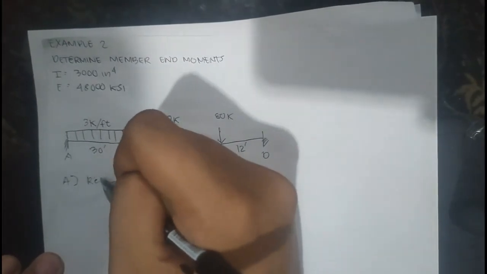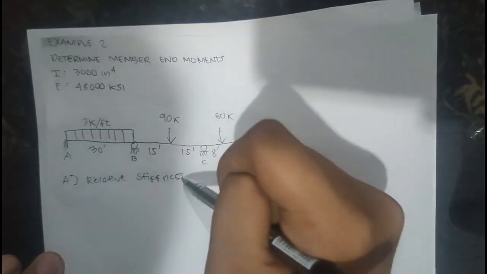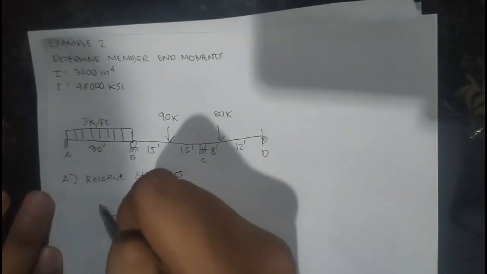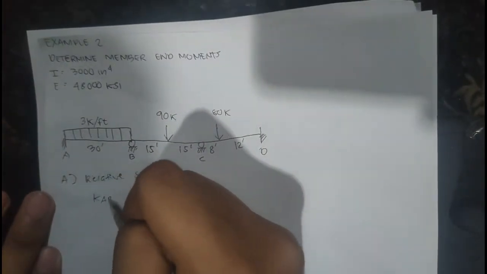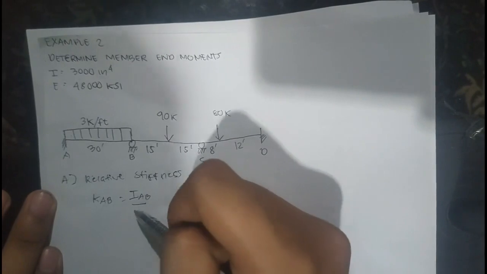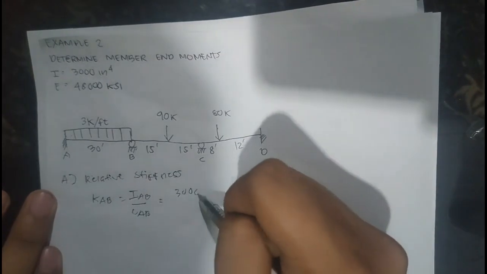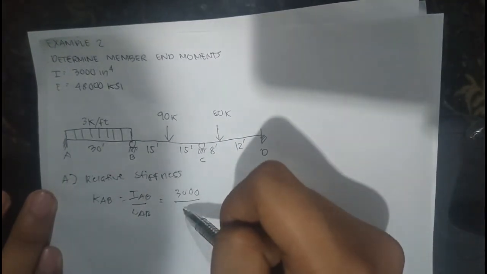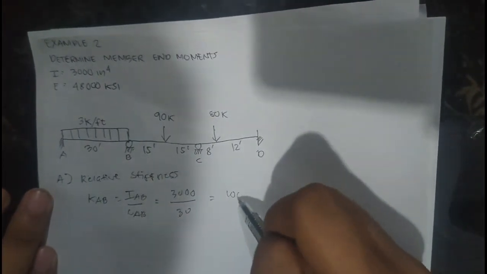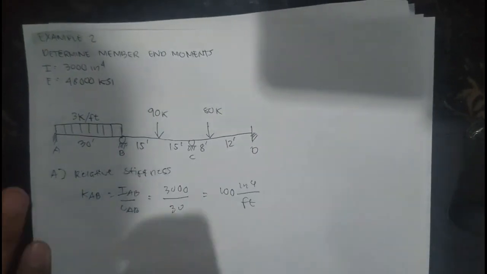Relative stiffness. Since it is the same on both ends, first thing to do is to get the stiffness of joint AB equals I_AB over L_AB. So 3,000 over 30 equals 100 inch^4 per foot.